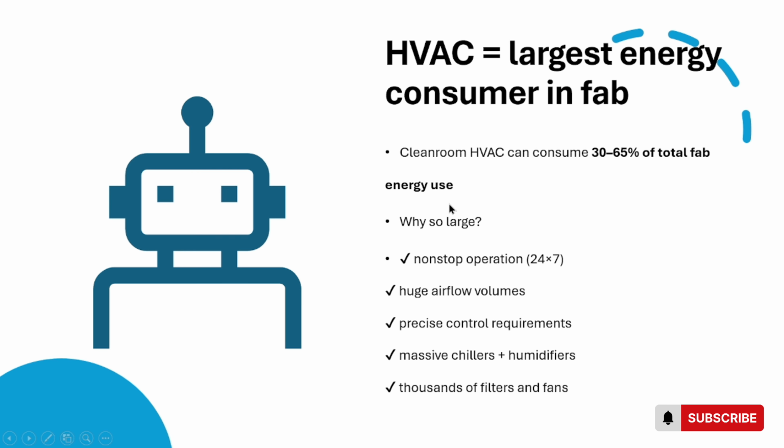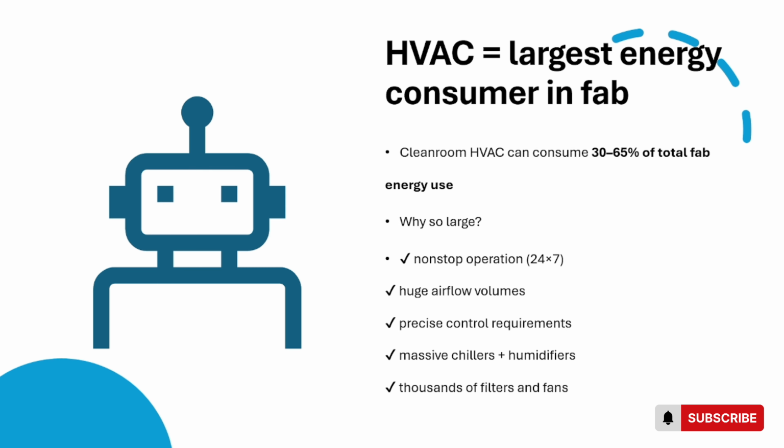Now the most crucial part is that HVAC is the largest energy consumer in the fab. Why? Because of several parameters: non-stop filtration, huge airflow, precise cooling, humidity control, and chemical exhaust. Research shows that HVAC can consume 30 to 65% of the total fab electricity.